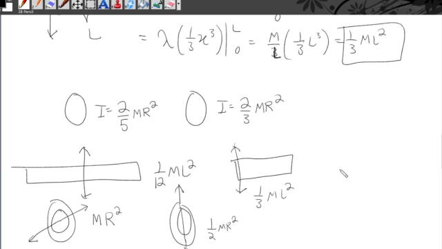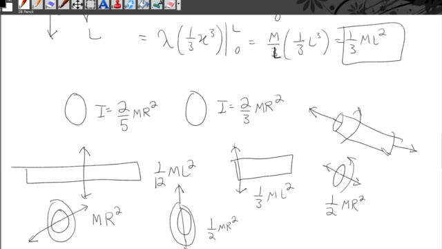Similarly, for a disk where the axis of rotation is going through the center of the disk, it's 1/2 mr squared. And if you extend the disk, you also get a cylinder, and if the cylinder's axis of rotation is going through it, it's also 1/2 mr squared. So you can think of a disk as a compressed cylinder.